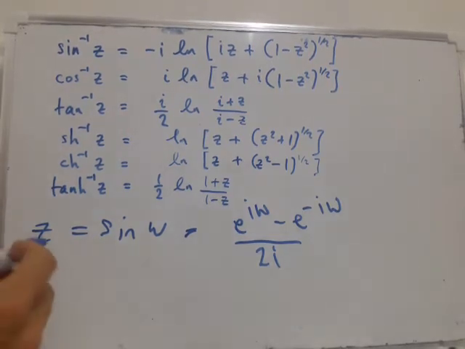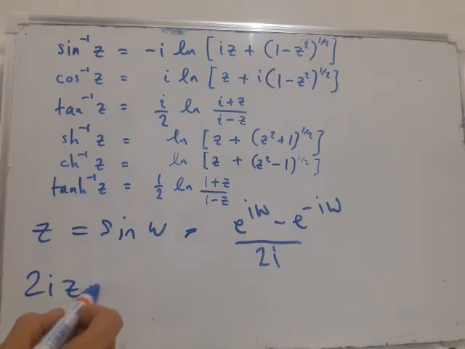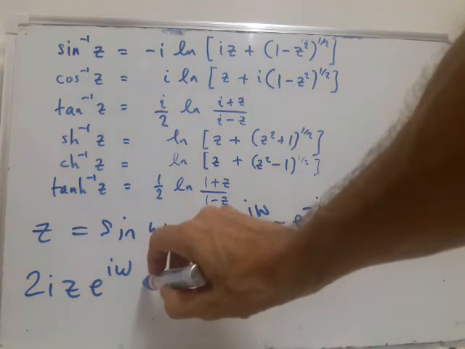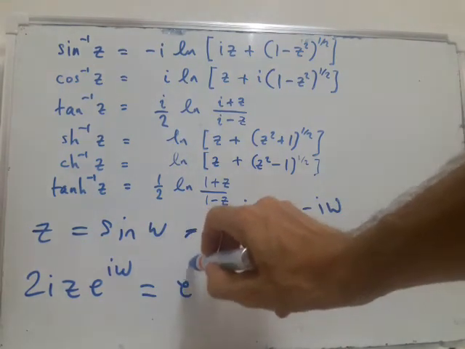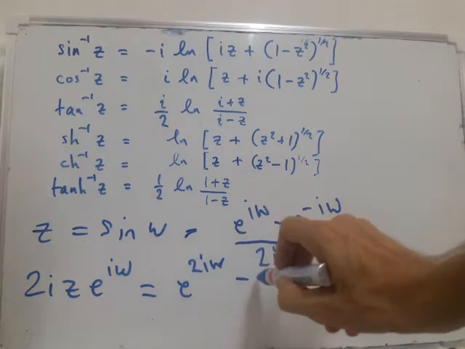So multiplying both sides by 2i, and I'll also multiply by e to the iw. So that gives me 2ize to the iw equals e to the 2iw minus 1.